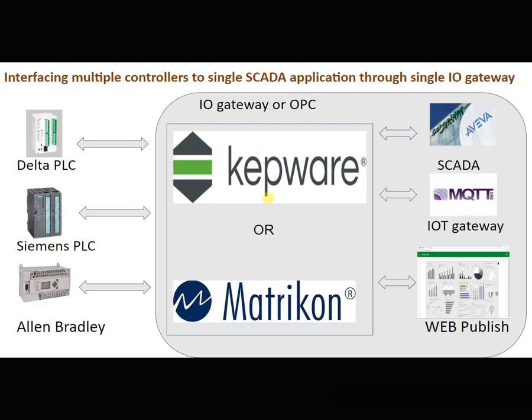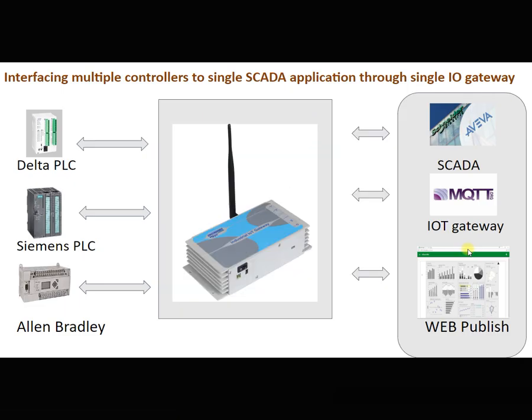As I told you, Matrikon is also one of the software. This is an IO gateway or OPC. I told you any brand of controller I can connect to any brand of SCADA, and I have multiple options also. I can do the gateway operation and web publishing using several dashboards, either Node-RED or IoT things. Next, you can go for a gateway also.